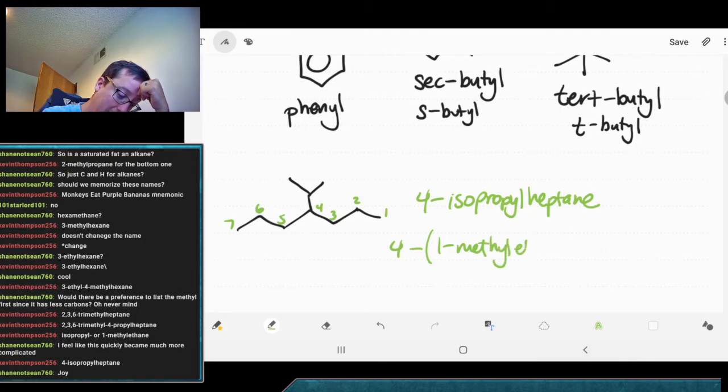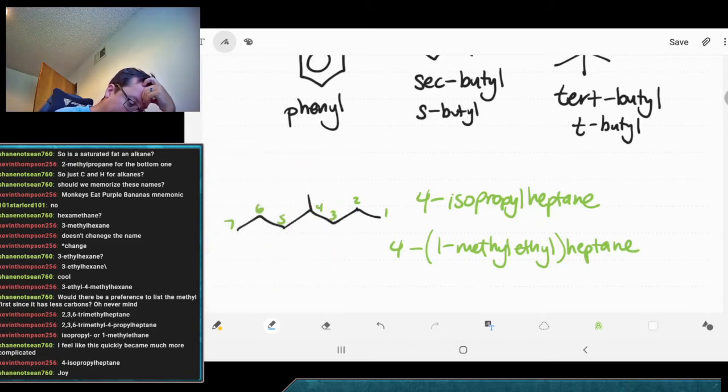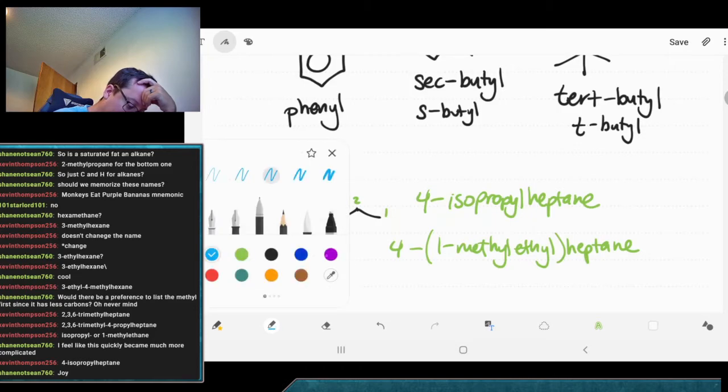Methyl, ethyl. What is this? Heptane. You could write it this way as well. And by that, Kevin's writing it as kind of this.